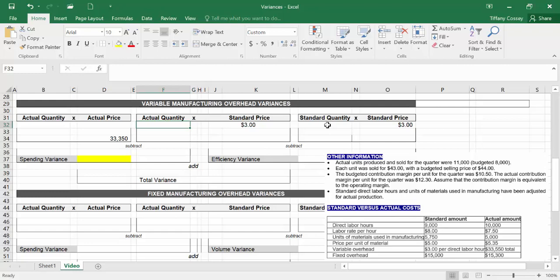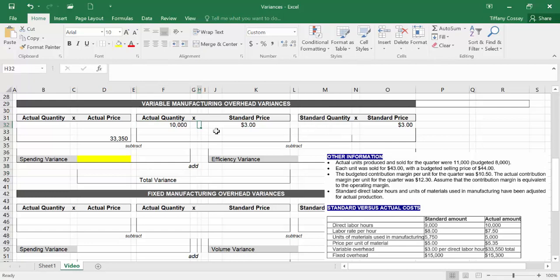Well, we know that we applied $3 per direct labor hour, so the actual quantity is going to be the direct labor hours actually used, and then we're going to multiply it by the standard price to get the amount for this subset. So the actual quantity will be the actual direct labor hours. So we come up here to direct labor hours, go over to the actual amount, and that was 10,000.